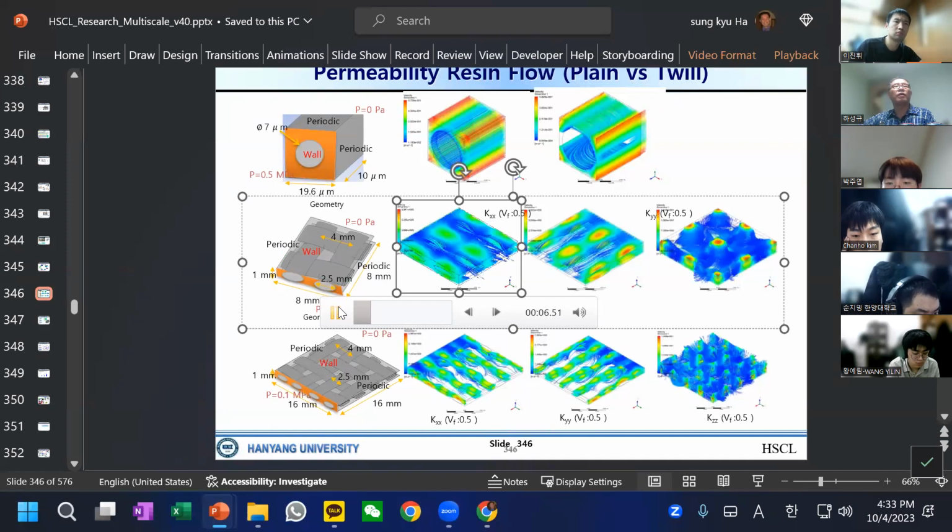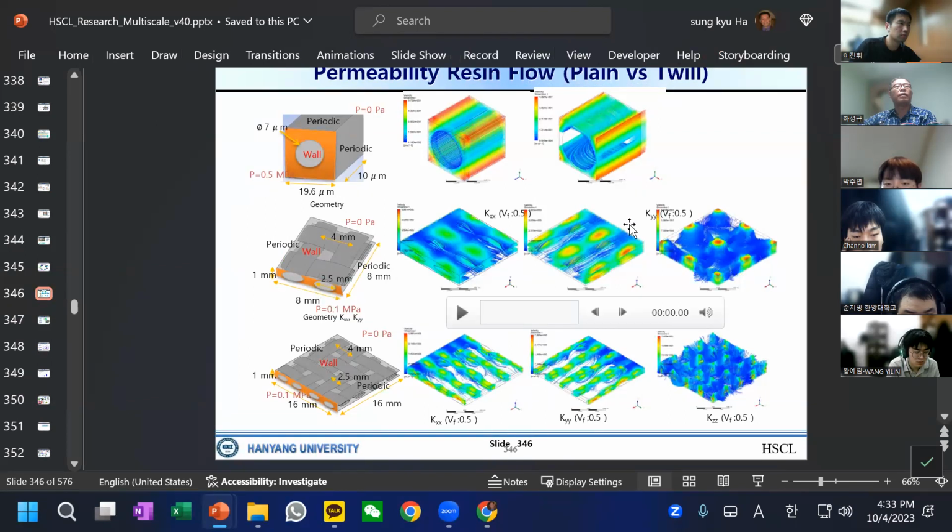This is all through our simulation, and with this simulation, we can estimate how the resin can flow in the oven and many different types of ovens.